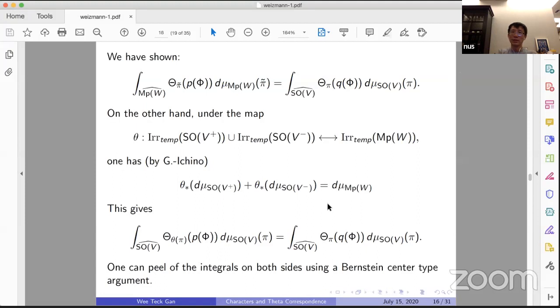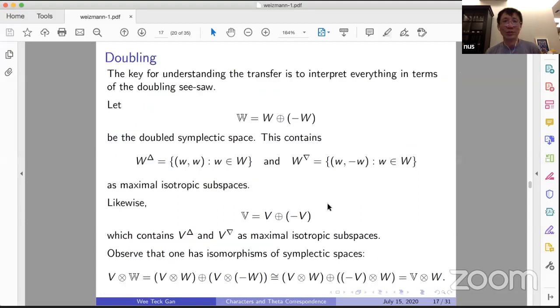So, as I said, the rest of the talk will be on understanding the transfer more explicitly, because otherwise it's not clear how much you really know from this character identity. The key to understanding this transfer is to interpret everything in terms of the doubling see-saw.